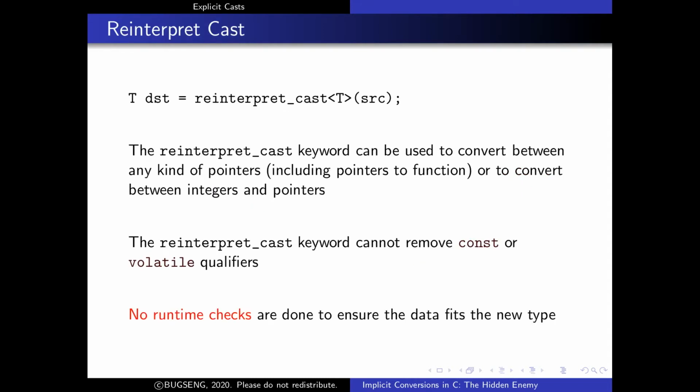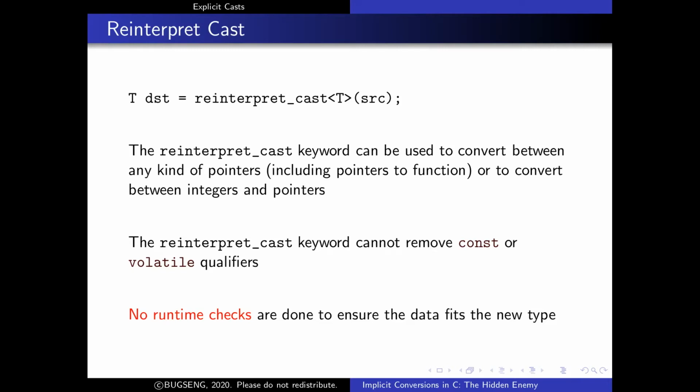Then there is the reinterpret cast, which is able to perform conversions in many more cases. Basically, the reinterpret cast is a way of specifying the reinterpretation of a bit pattern according to a different type.